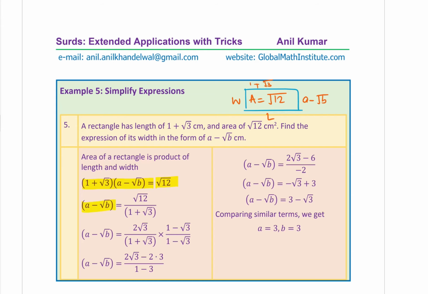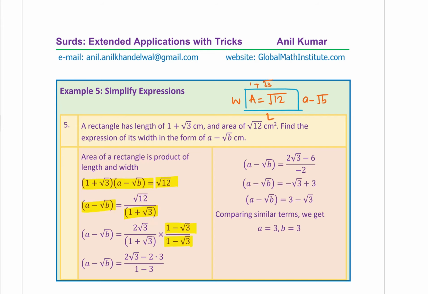We need to find the value of a minus square root of b, so let us isolate it. Once you isolate, we get square root of 12 over 1 plus square root 3 in the denominator, and then we rationalize it by multiplying both numerator and denominator by the conjugate of 1 plus square root 3.